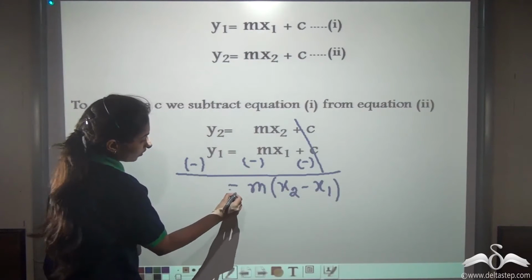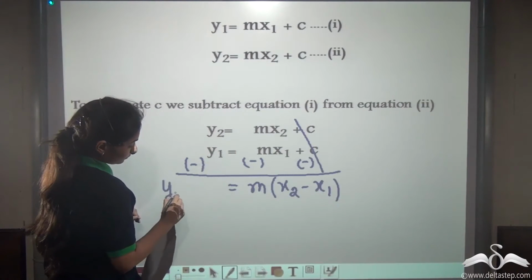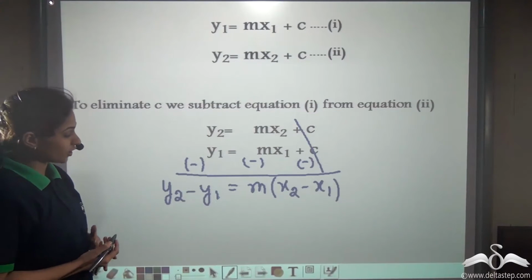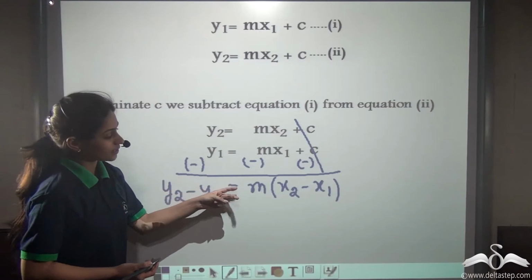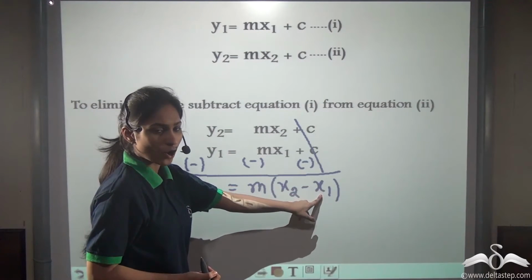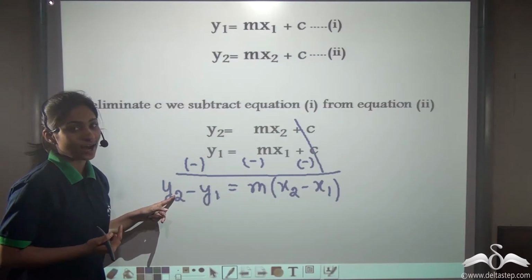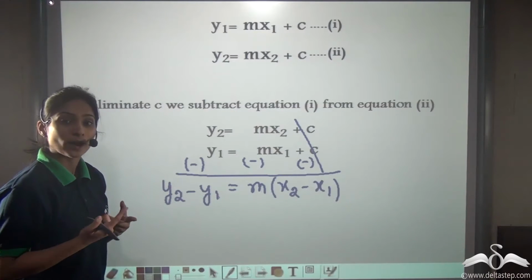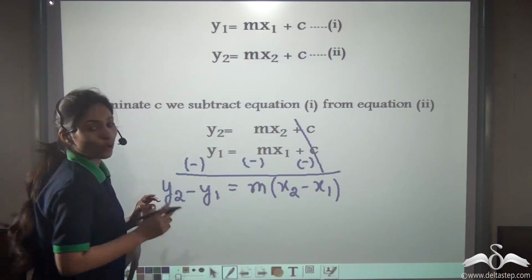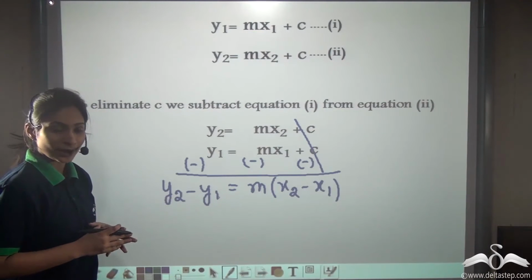And here, y2 minus y1. Right? So we get a new equation: y2 minus y1 is equal to m into (x2 minus x1). Well, you can recall that this is the equation we had derived in the one-point form, right? Where we had the slope and coordinates of 1 point, right?